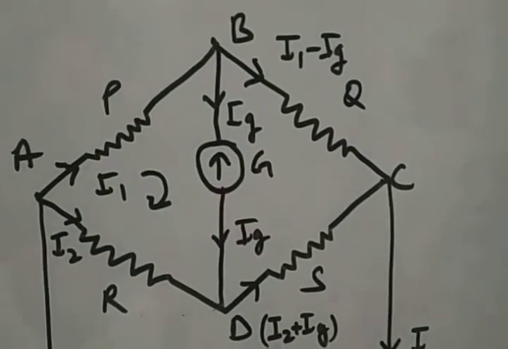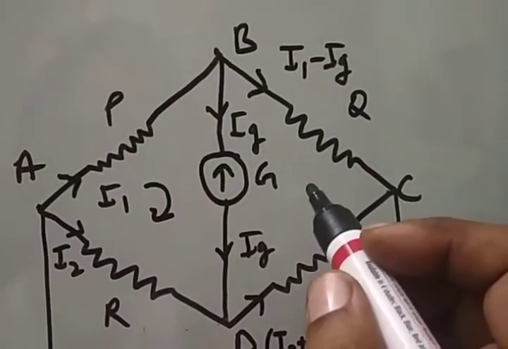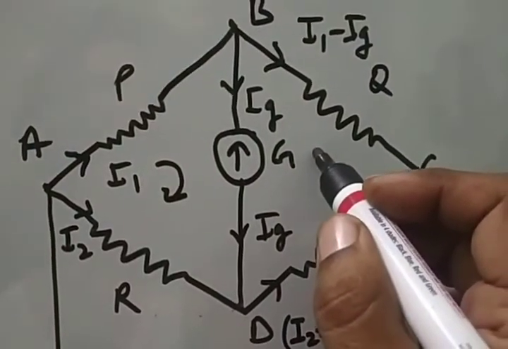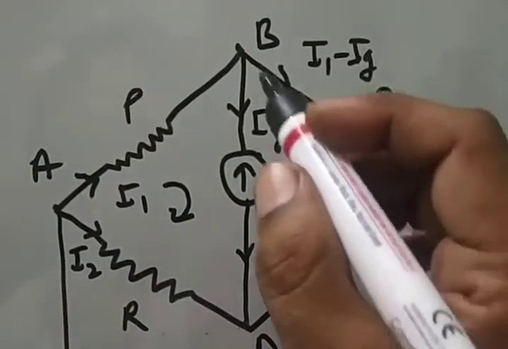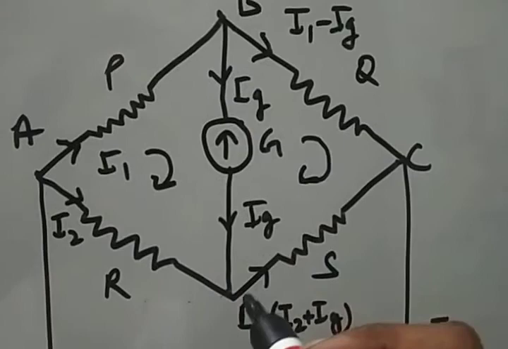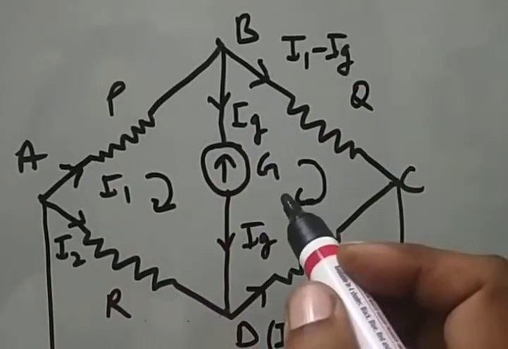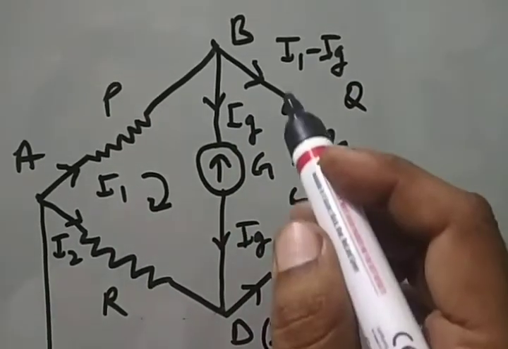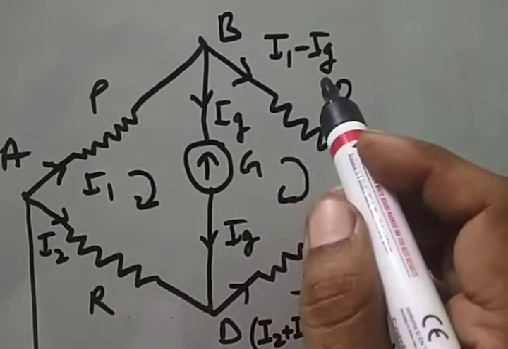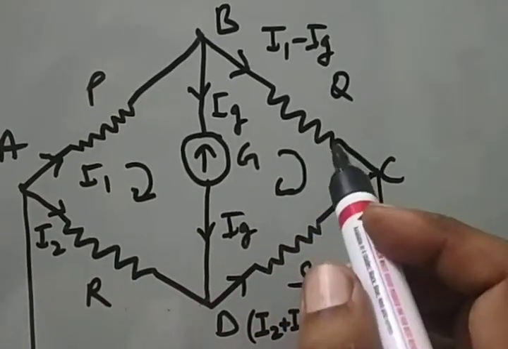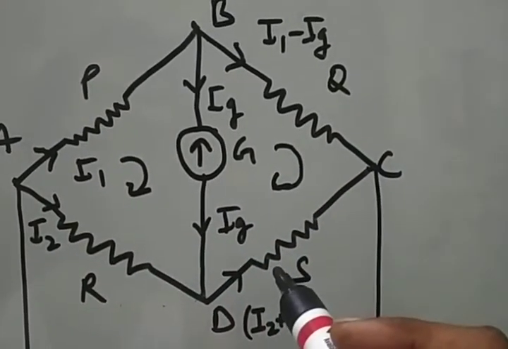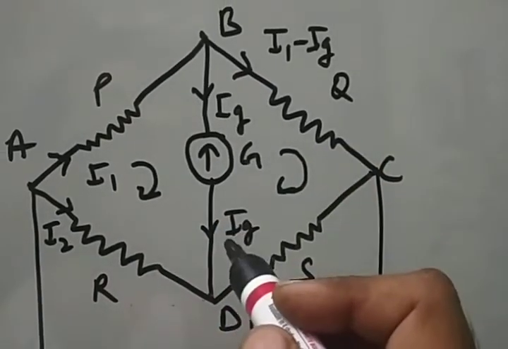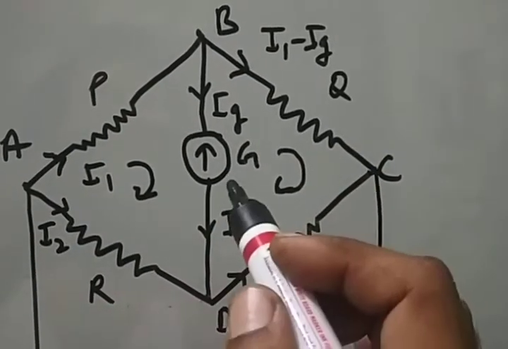Now we consider this loop. The loop is B, C, D, B. Again sigma E is 0, no cell is there. This one, I1 minus IG into Q, is positive. Here it is negative, and on this side also IG into G will be negative.